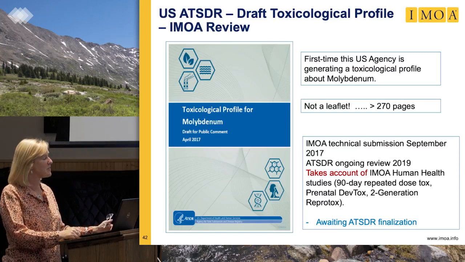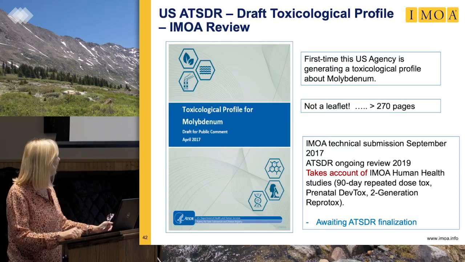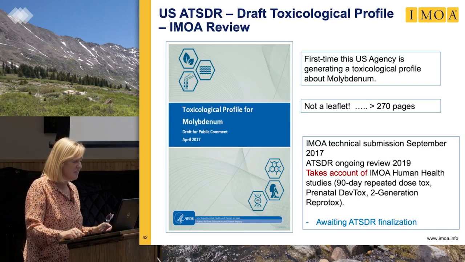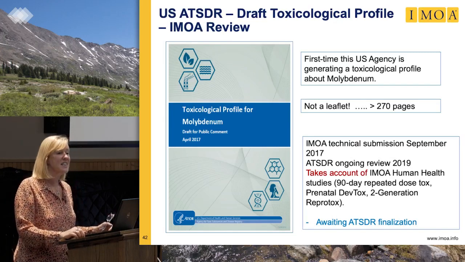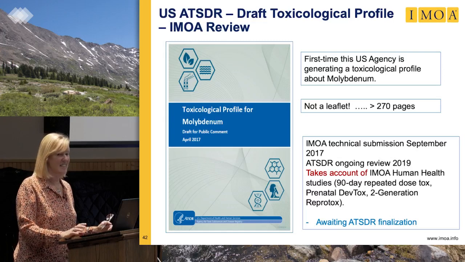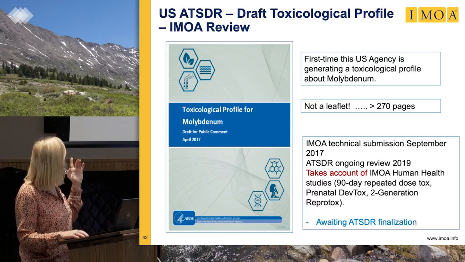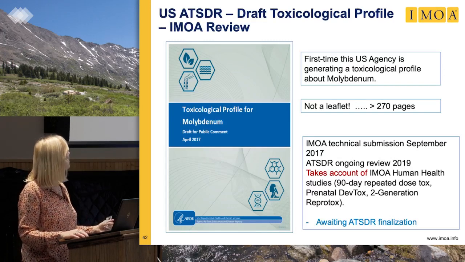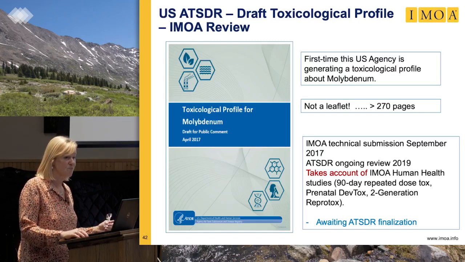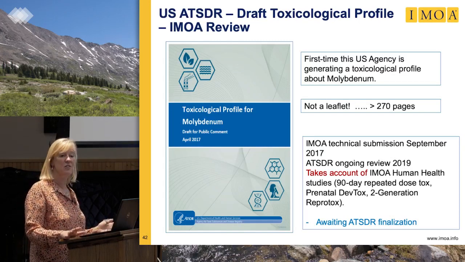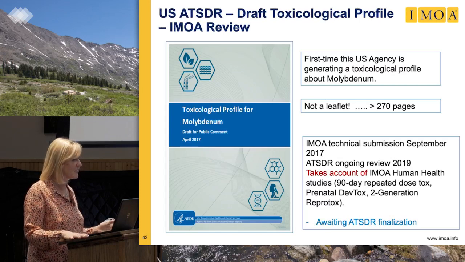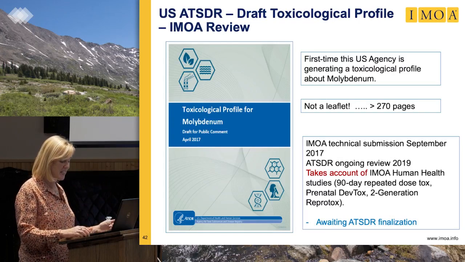And lots of acronyms. The Agency for Toxic Substances and Disease Registry, ATSDR, for the first time, is doing a toxicological profile on molybdenum. And it's not a leaflet, it's 270 pages. So that's a big assessment.